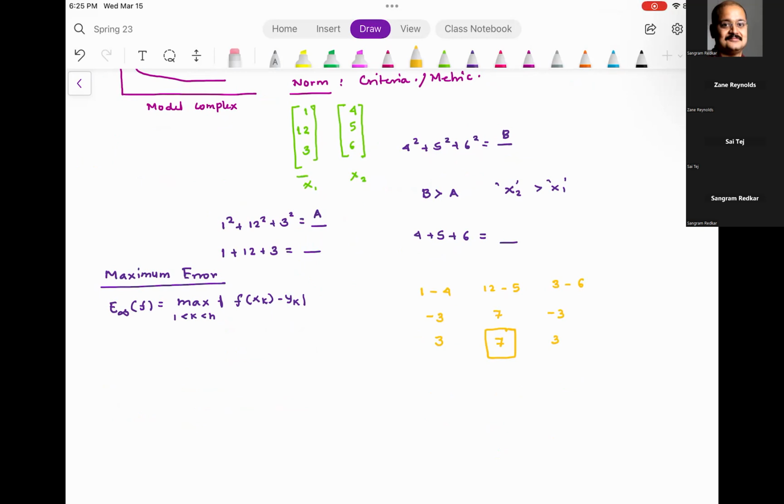The second norm for comparison is the mean absolute error.